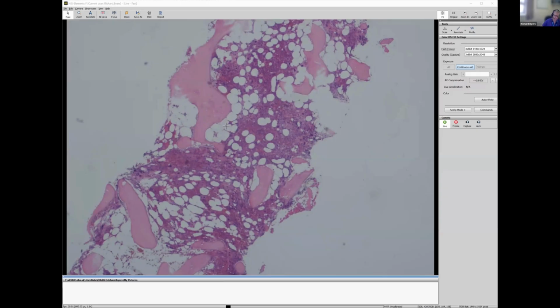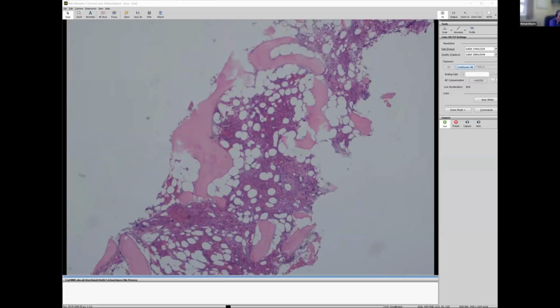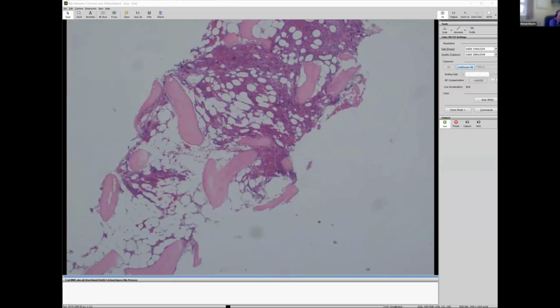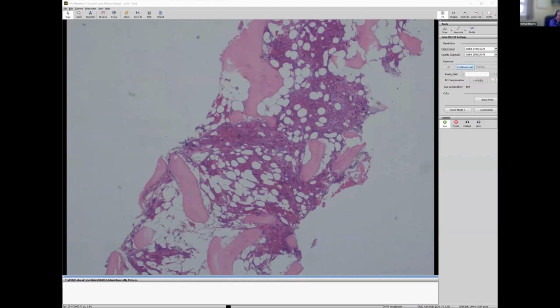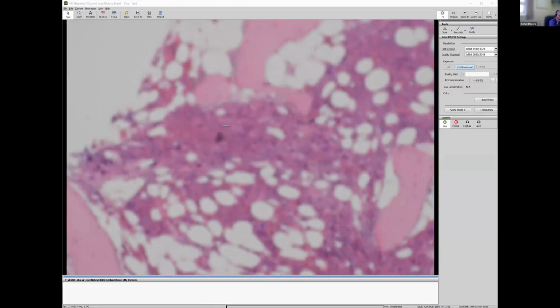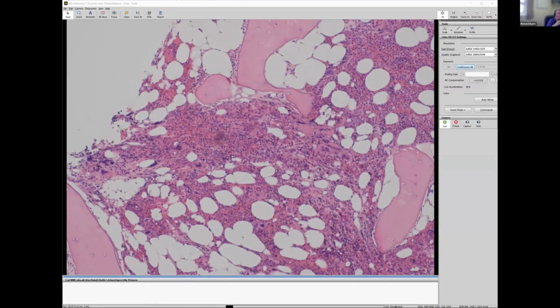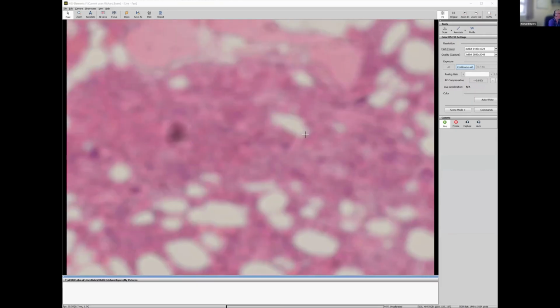It's variable, like we saw in that first one, but there are definitely increased areas. And then at this power even, we can see lots of megas there, there, and this group spilling through there.